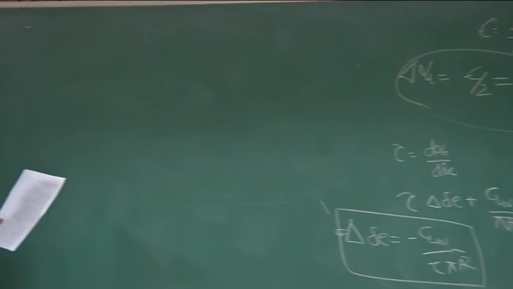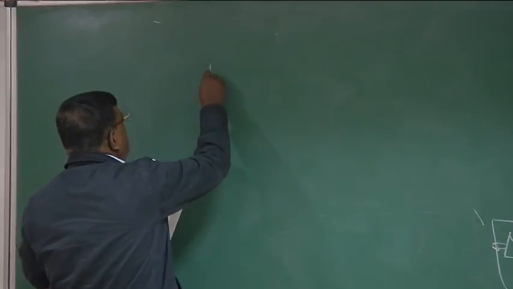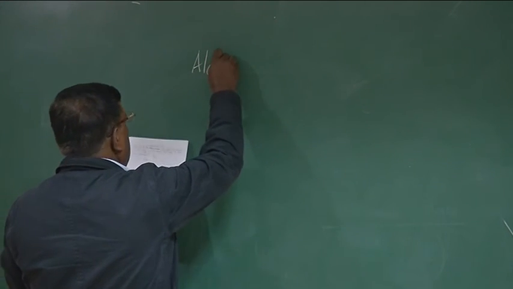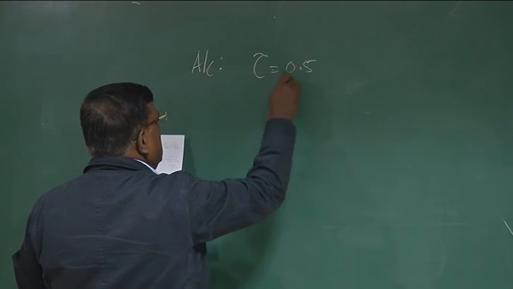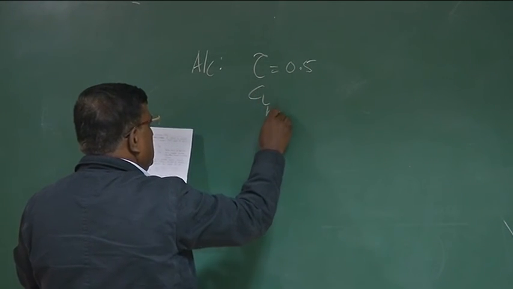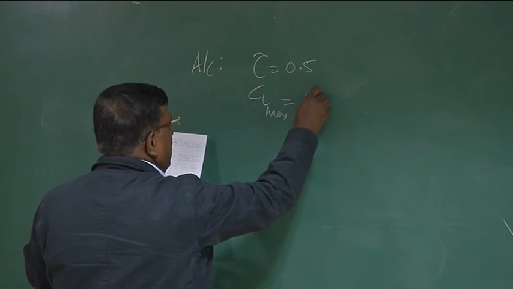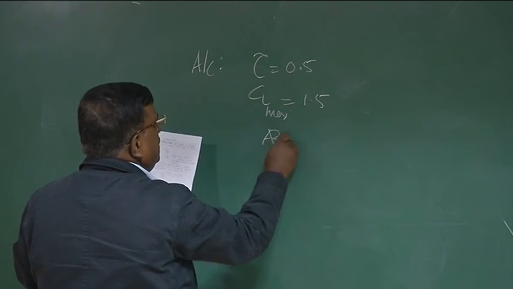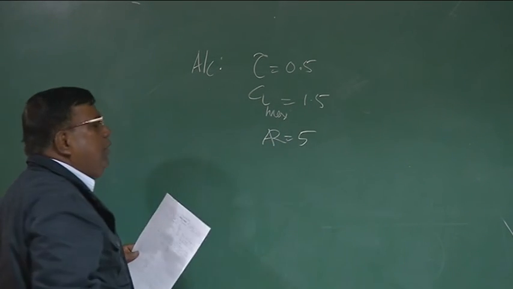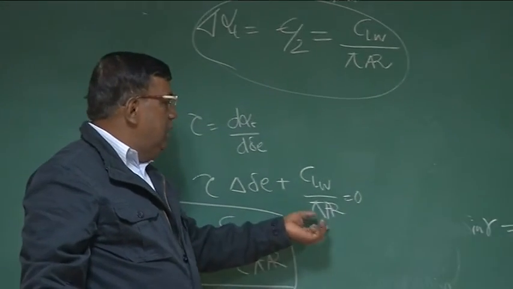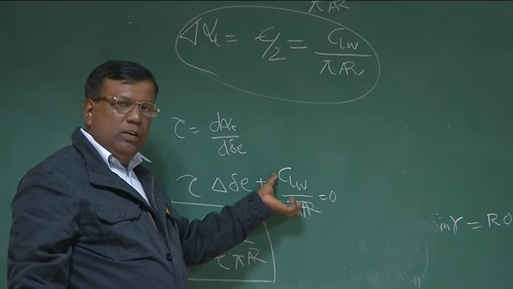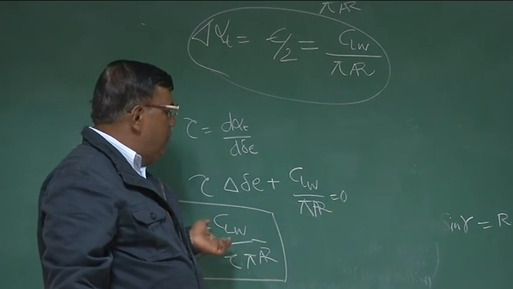Let's take an example. For a typical airplane, let's say tau is 0.5, CL max is 1.5, and aspect ratio is 5. So essentially I'm talking about a low aspect ratio wing. You could see that if aspect ratio is large, this value will be less, so the delta required will not be very large.